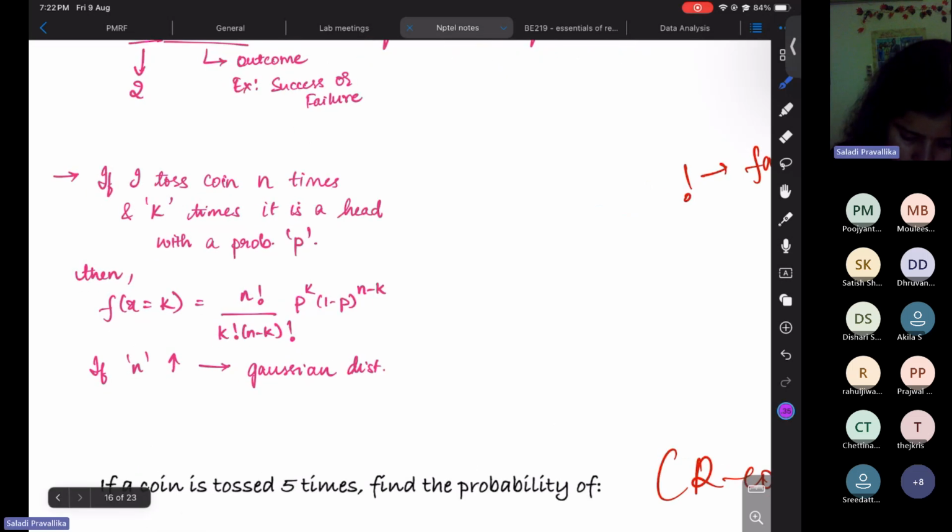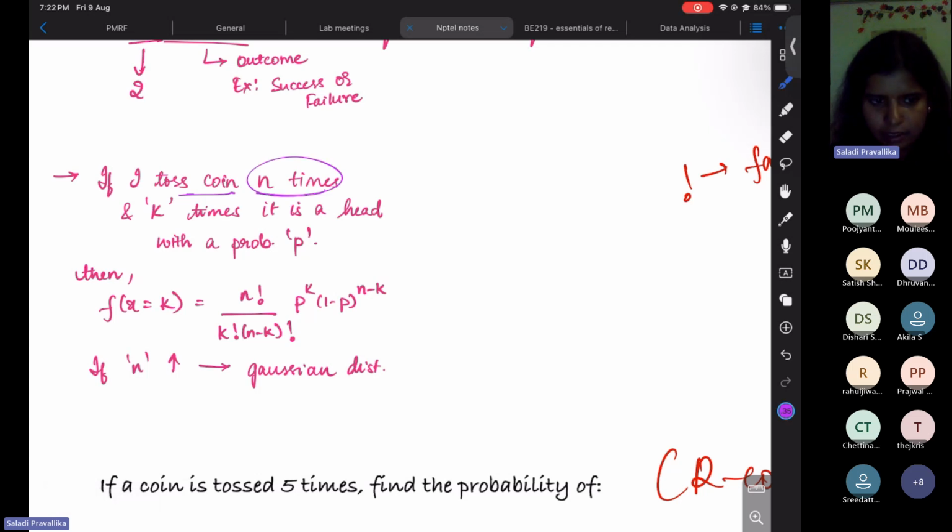So here it is. If I toss a coin n times, let us say n is 50 times, I'll take the coin and toss 50 times, and in k times I'm getting a head. Let us say k equals 20. Out of the 50 times, I got 20 heads with some probability.